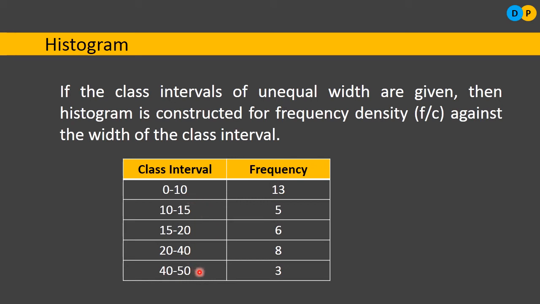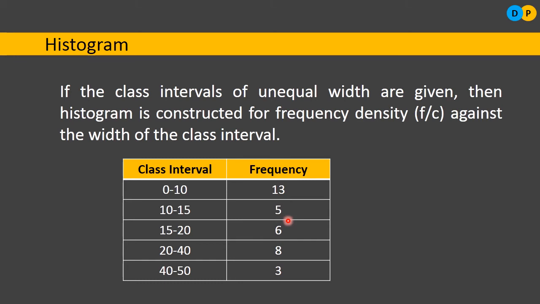If such a class interval is given, then we cannot construct a histogram by considering the frequencies. Each rectangular bar's height cannot be considered through these frequencies. At that moment you need to consider frequency density.